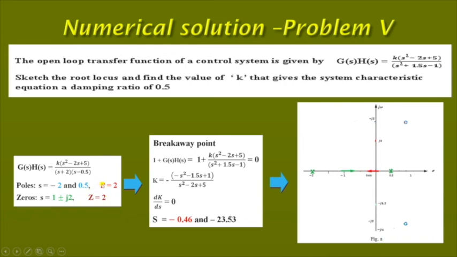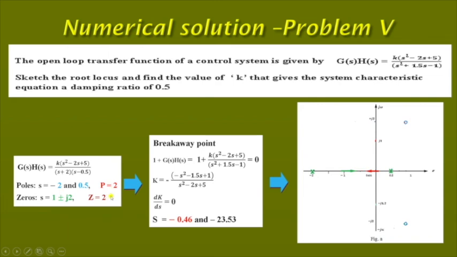So q equals p minus z, that means 2 minus 2, which is 0. So there is no asymptote, because the root locus has 2 branches and 2 finite zeros are present in the system.